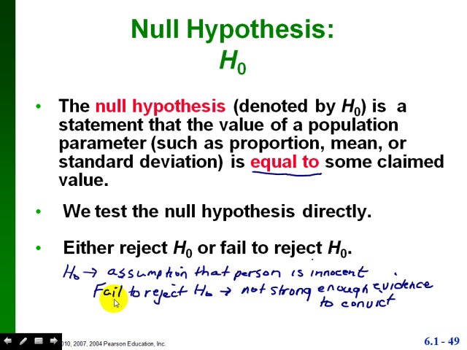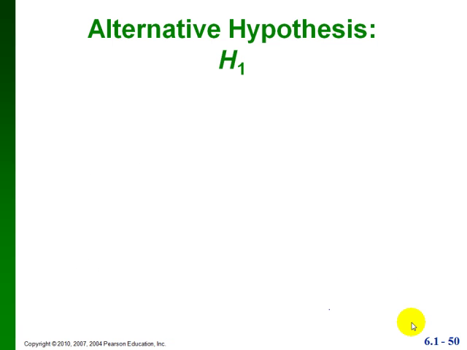And one way you can remember this is that the fail and the not here go together. If we're rejecting the null hypothesis, that's basically saying we do have strong enough evidence to support our claim. This would be like saying we have strong enough evidence to convict someone. It does have to be very strong to get past that assumption of innocence.